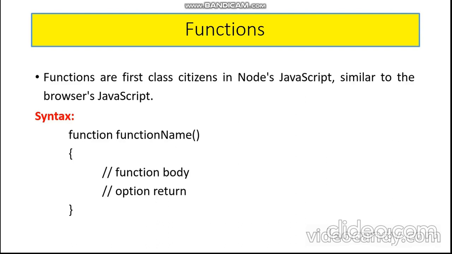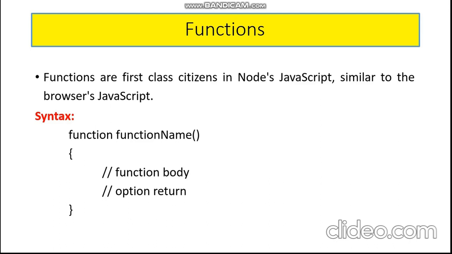It simply indicates that both Node.js and the browser environment allow for powerful and flexible programming techniques such as higher-order functions, callbacks, closures, and functional programming concepts. It enables developers to write more expressive, concise, and modular code. That is the reason we call functions first-class citizens in Node.js.